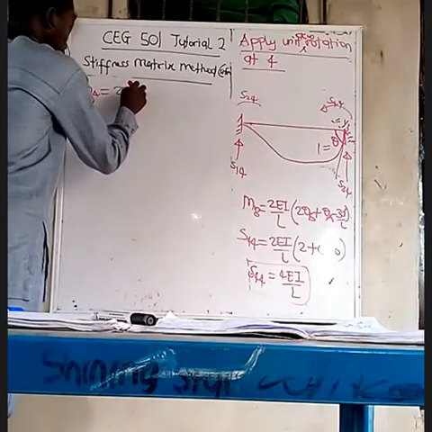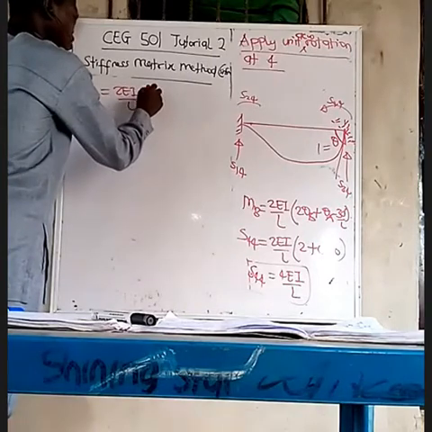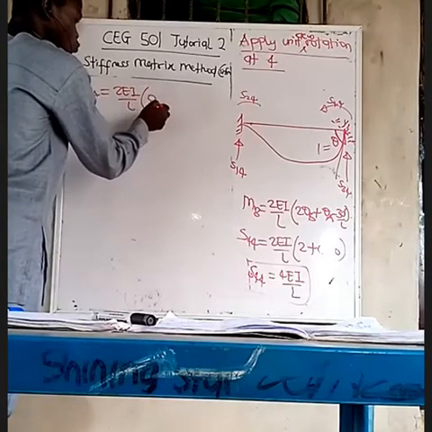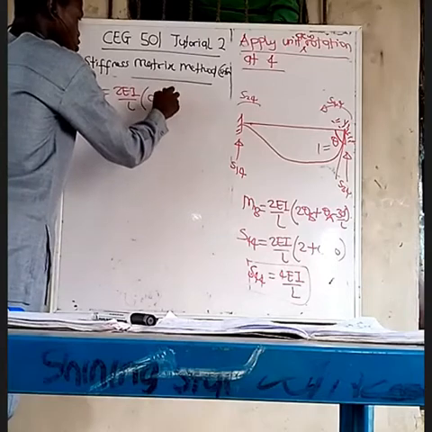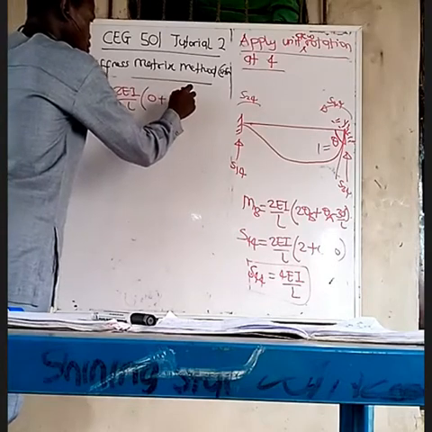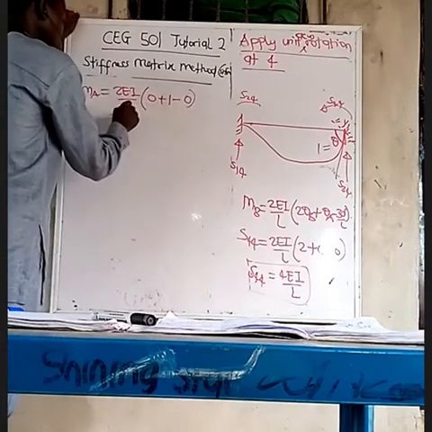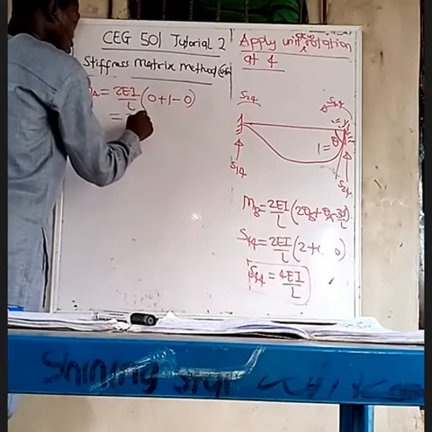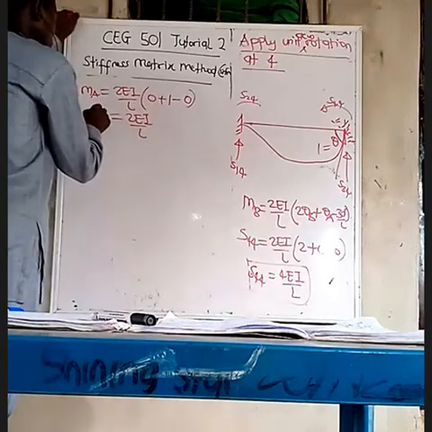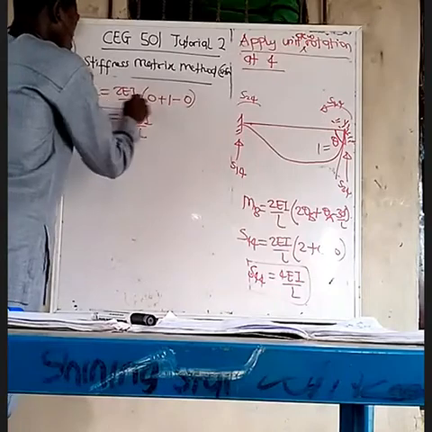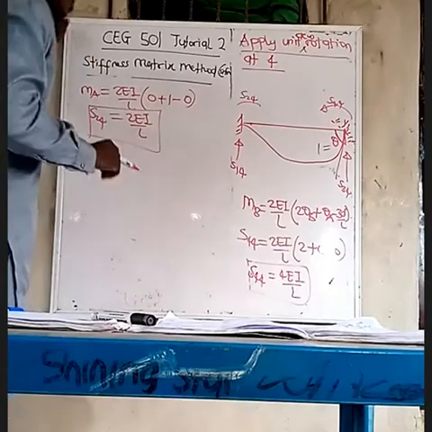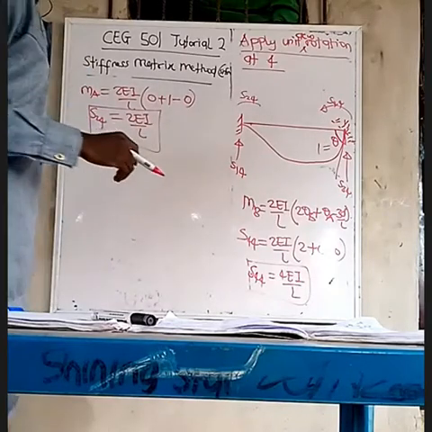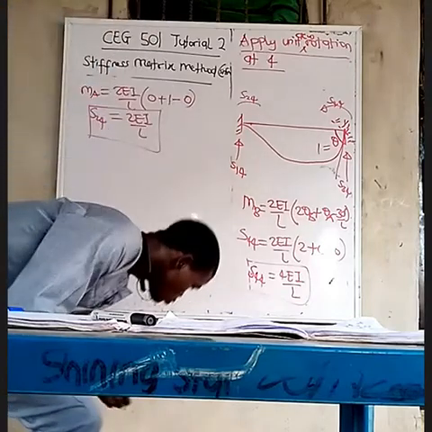S24, MA equals 2EI over L into bracket 2 theta A, which is 0, plus theta B, which is 1, minus 3 delta over L, which is 0. So that becomes 2EI over L equals S24. Good, so that is done.